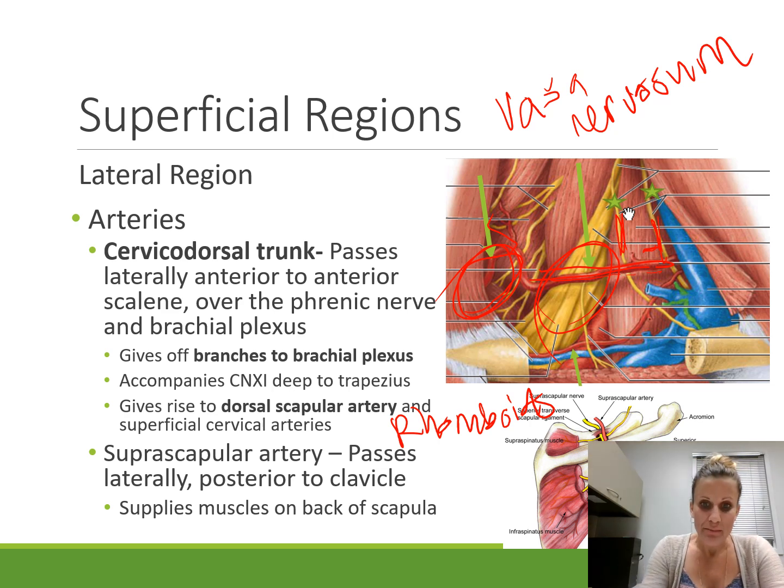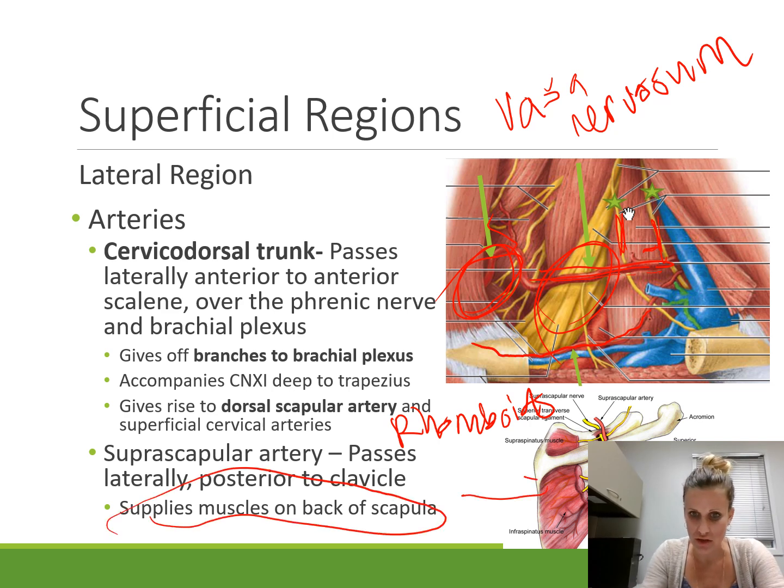The suprascapular artery you guys see down here at the bottom comes and passes laterally, and it goes around the back and supplies the muscles on the back of the scapula, which you see over here. The suprascapular artery has the vein right next to it, but it also happens to go to the same area that the suprascapular nerve goes.